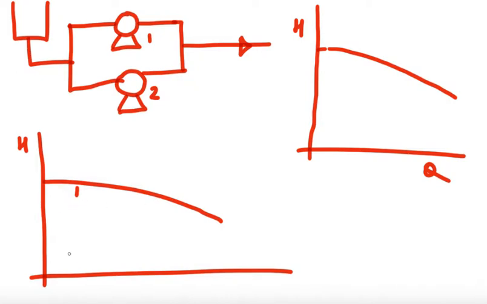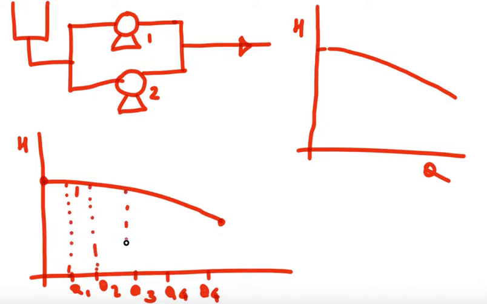Take some points here, Q1, Q2, Q3, Q4, Q5, from the start of the pump curve to the end of the pump curve up to this point. Take some flow and correspondingly note down the head, maybe some head H1 based on this point, some head H2 based on this point, and so on for each point, and make a table.